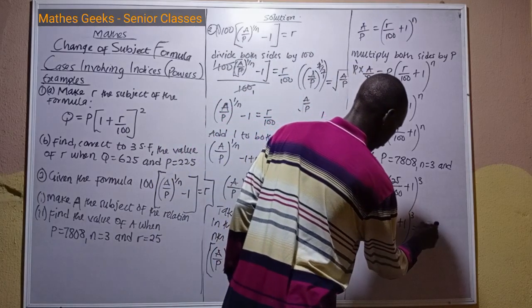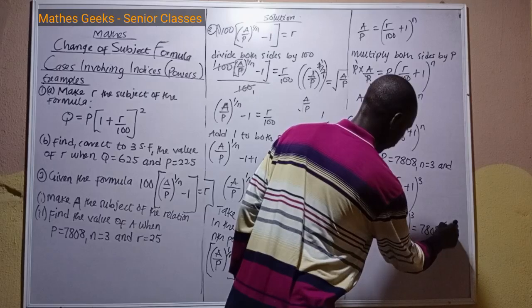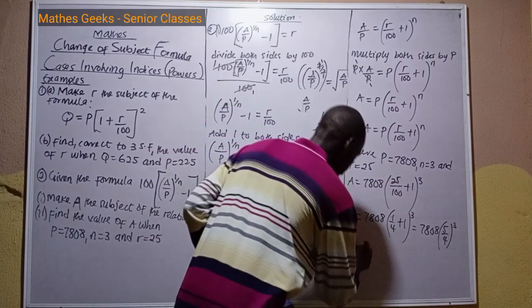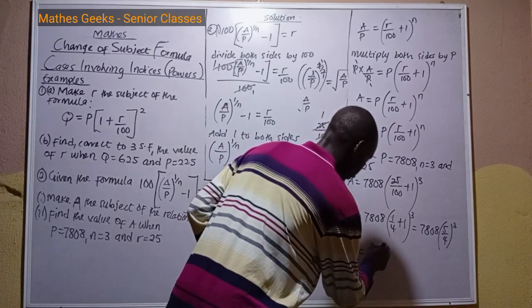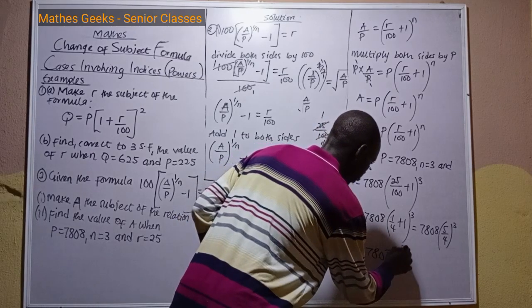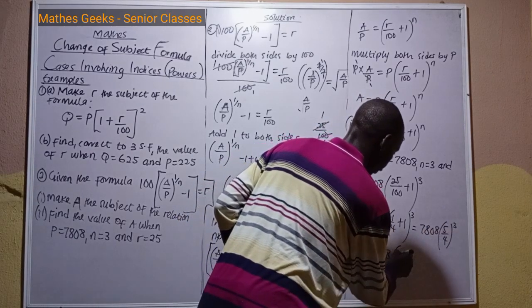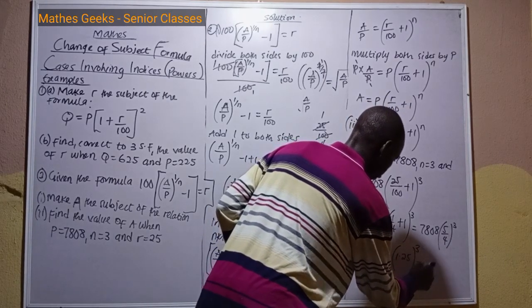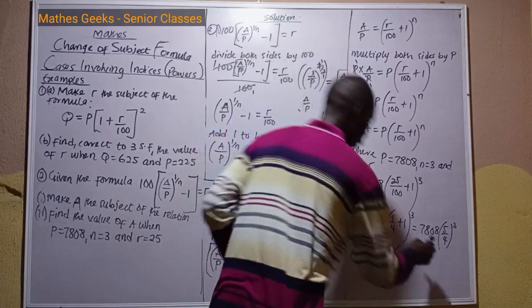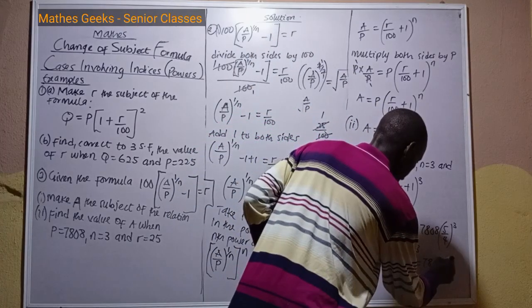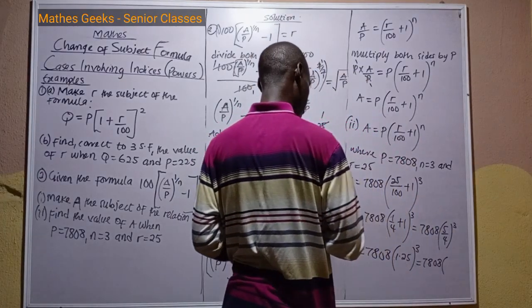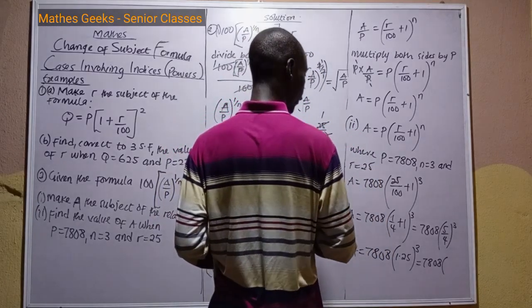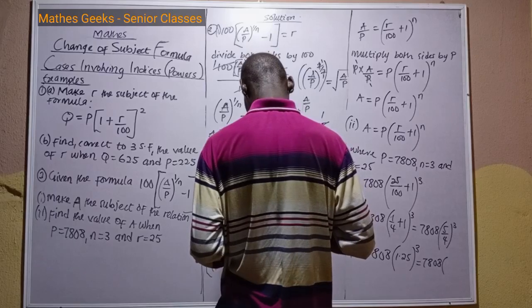So that's 7808 times 5 over 4, all raised to the power of 3. a equals 7808 times 5 divided by 4, which is 1.25, raised to the power of 3. That means 1.25 should multiply itself 3 times.